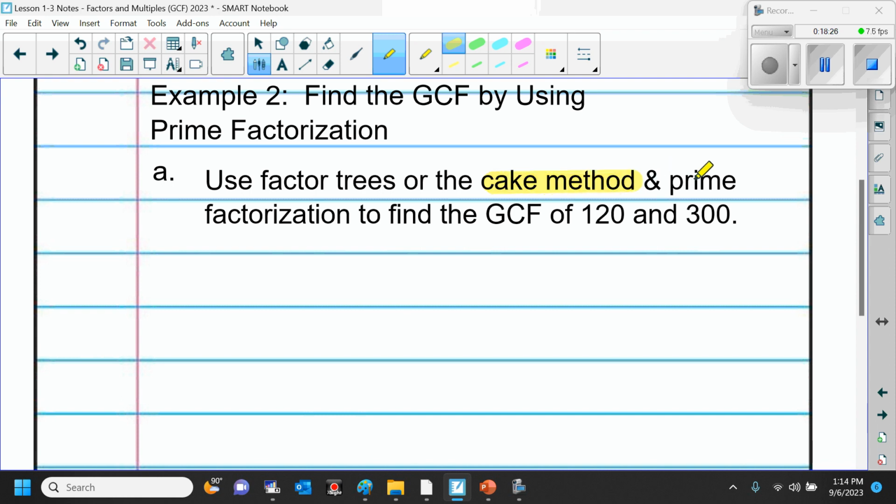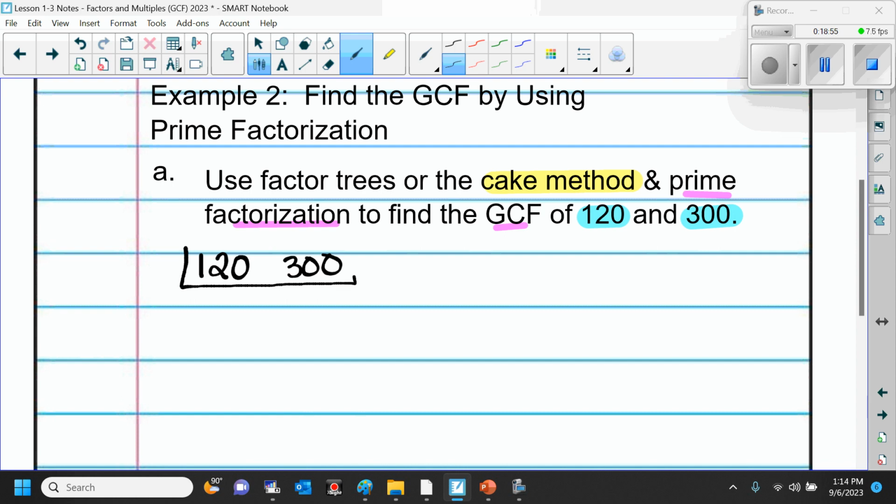We're going to find prime factorization to find the GCF, and we're using 120 and 300. Is everybody with me? All right, so here we've got 120 and 300.